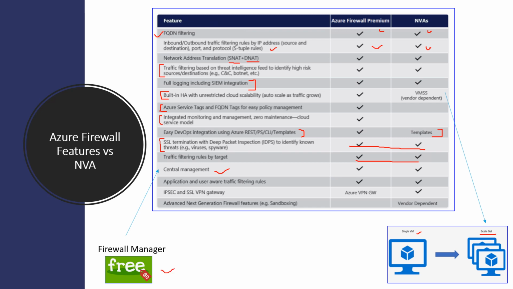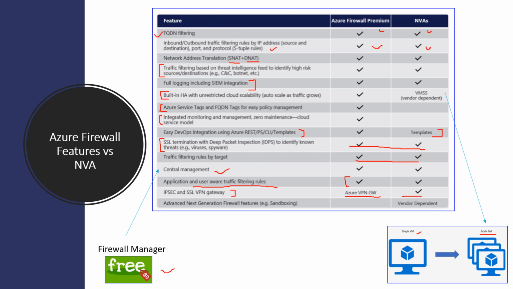Then application and user aware traffic filtering, that is a capability it has got. IPsec and SSL VPN gateway, that is also something very common. You can create an Azure VPN gateway and integrate it. And here you can terminate those connections on your NVAs.